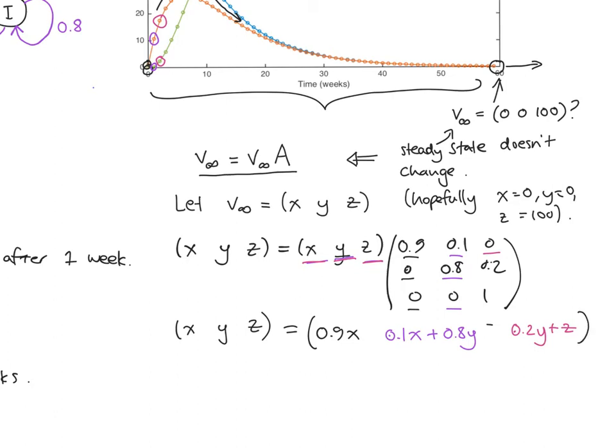So we see that we must have 3 equations in 3 unknowns. We have x must equal 0.9x. We have y must equal 0.1x plus 0.8y. And finally, we must have z equal to 0.2y plus z.